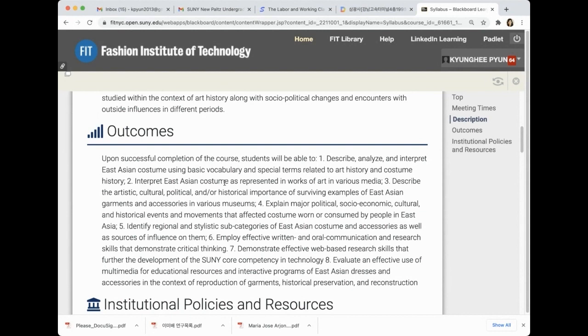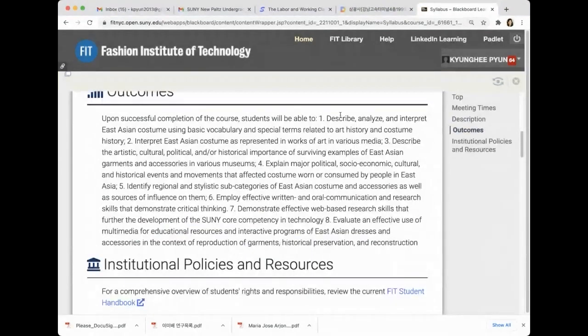They carry a passport of the People's Republic of China, but at home or in their own sub-community or regional towns, they don't speak or wear the standard expression. So sometimes I talk about number 5, but it's a little difficult to cover all of them. But I want you to be certainly aware of the stylistic categories. So outcomes are very important.